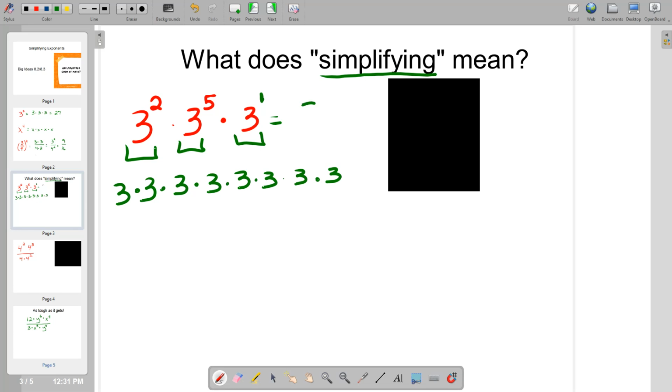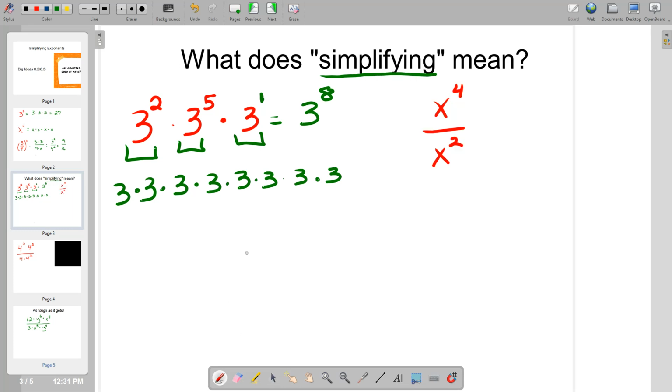Our final answer to this problem would then be 3 to the power of 1, 2, 3, 4, 5, 6, 7, 8, or 3 to the 8th would be our final answer. And in this case, we actually don't need an answer that's more specific than that. We just need 3 to the 8th because we are simplifying, not solving.